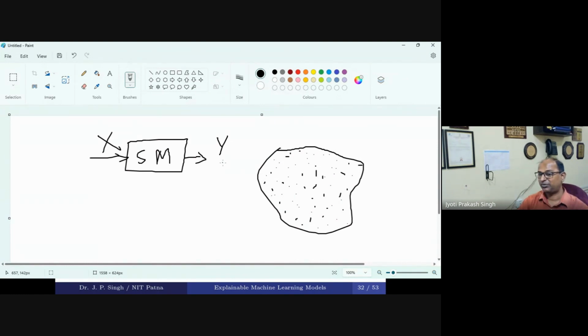But most of the time, you will see that this is not working because this data set X may be huge. And for training a simple model, surrogate models are always going to be simple models like decision tree, logistic regression, linear regression, and so on. So they are going to be basic, intrinsically interpretable models. They are simple models. Now you think that you had a black box model.